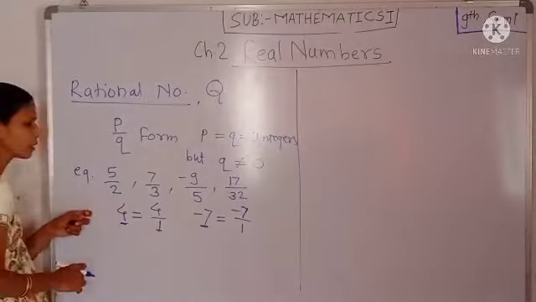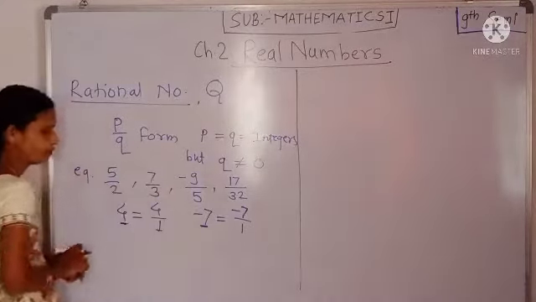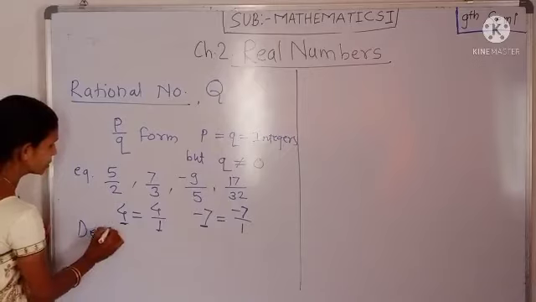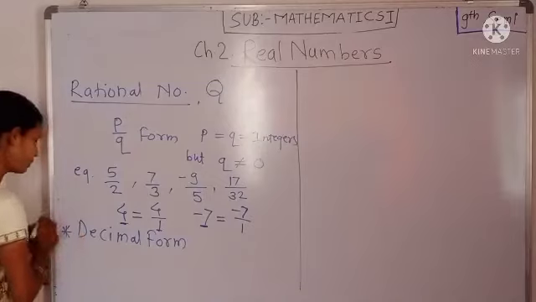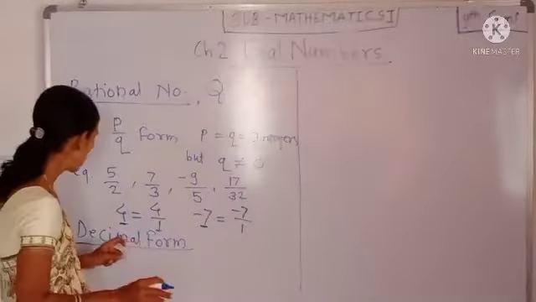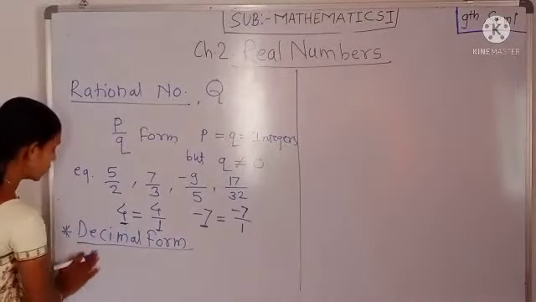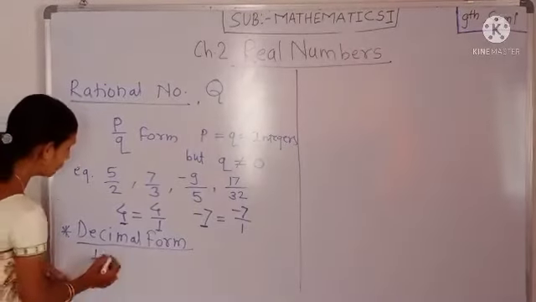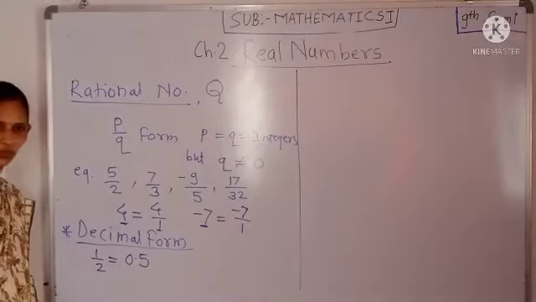Here rational numbers are given in P upon Q form, but we can write those rational numbers in their decimal form also. We can write any rational number in decimal form. For example, 1 upon 2 is a rational number which can be written in decimal form, that is 0.5.